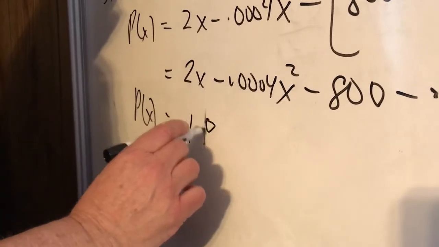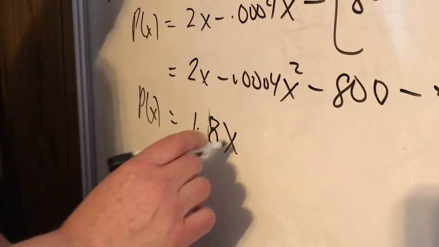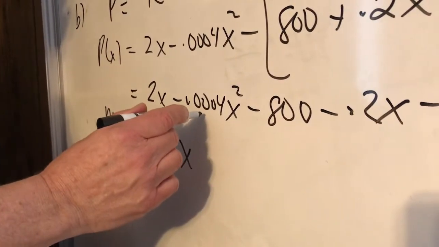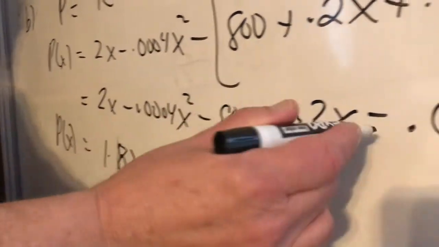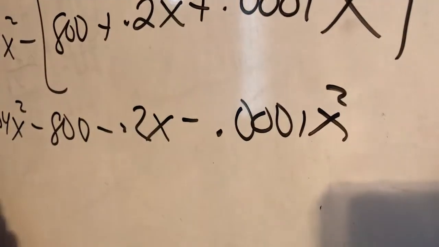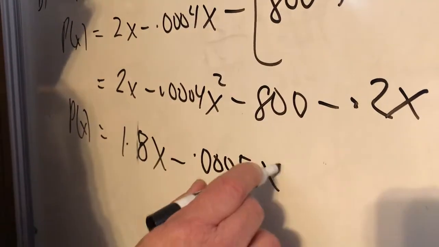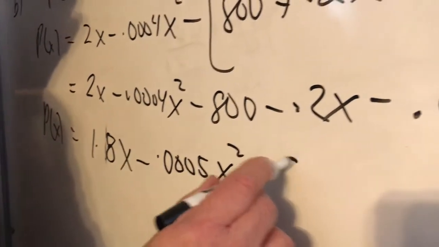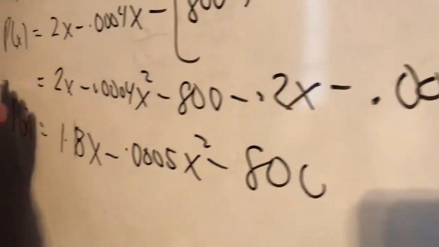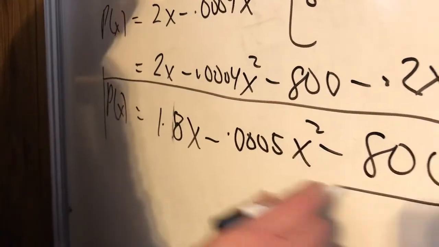My 8s are terrible. Minus 0.0004x squared minus 0.0001x squared is going to be minus 0.0005x squared, and the 800 sits alone. And I've now obtained my profit function.